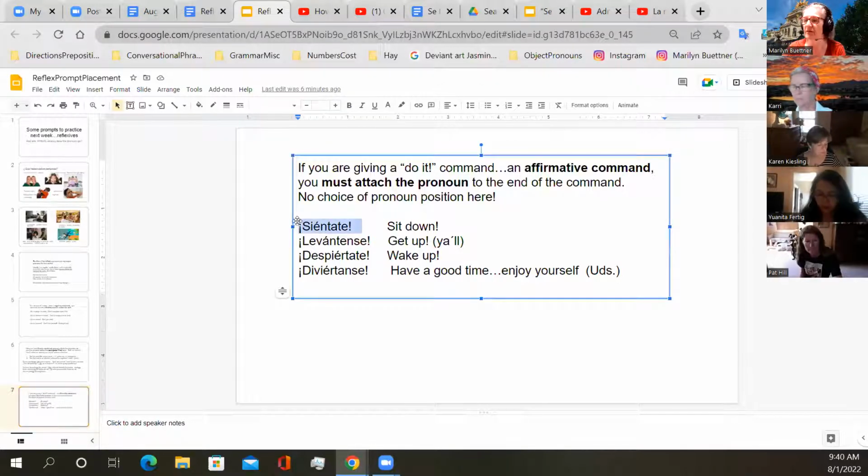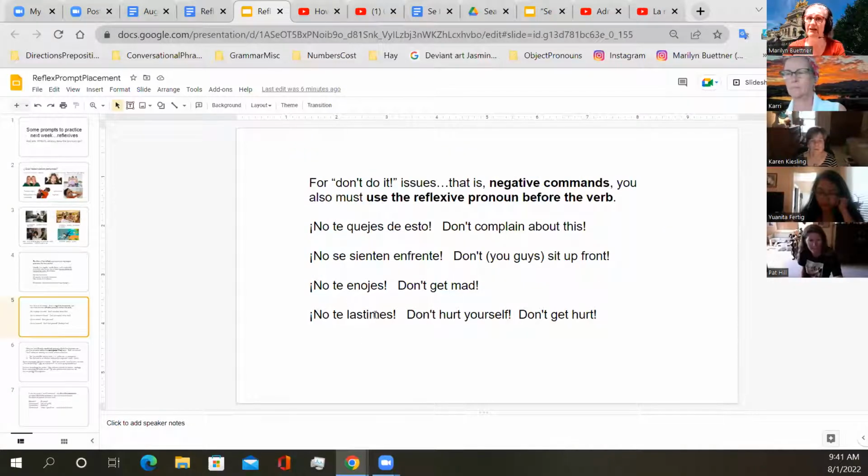So they start to look like this: siéntate, levántense, despiértate, diviértanse. We don't have a choice with commands, but you need to know if it's an affirmative command like that, or a negative command, in which case we cannot attach it.